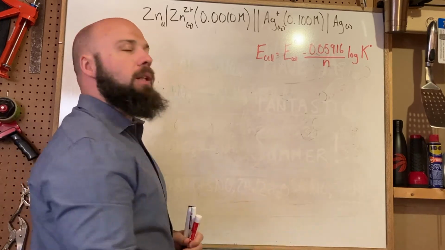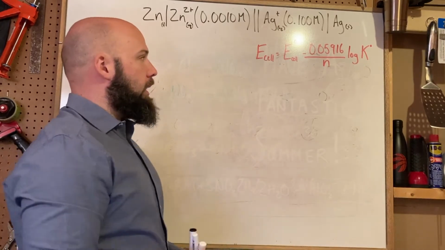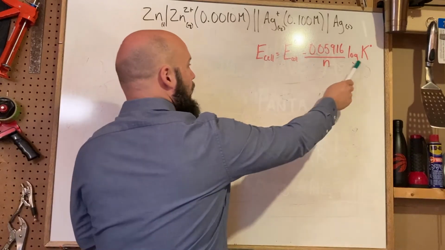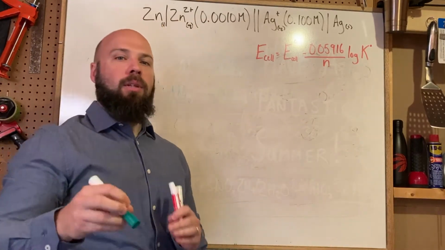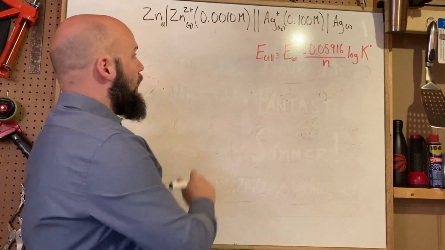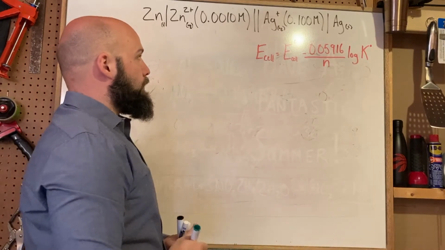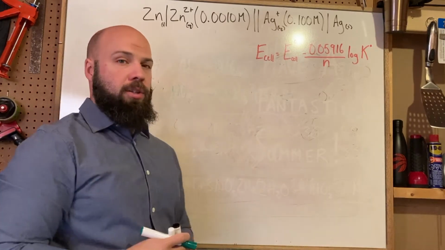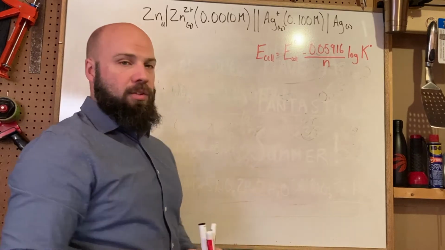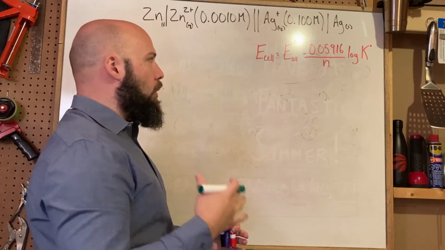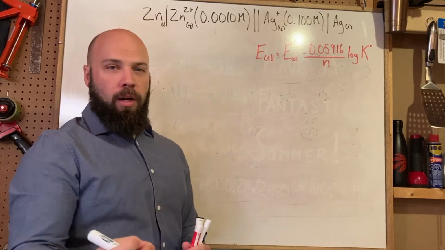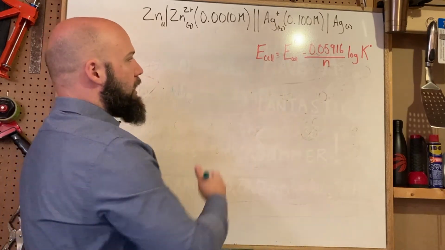So it's the number of electrons being transferred within the equation. And then the log of K, and that K is the equilibrium constant based on your solution concentrations.